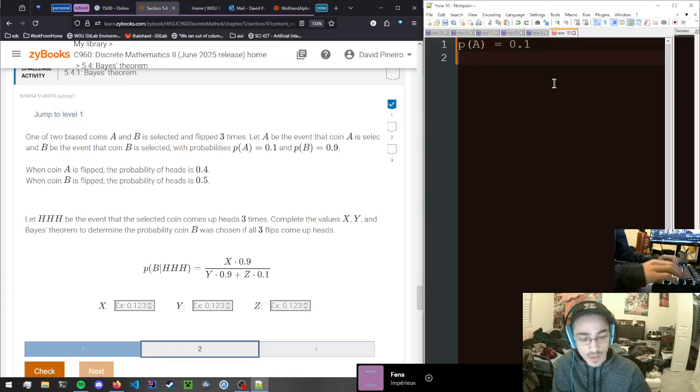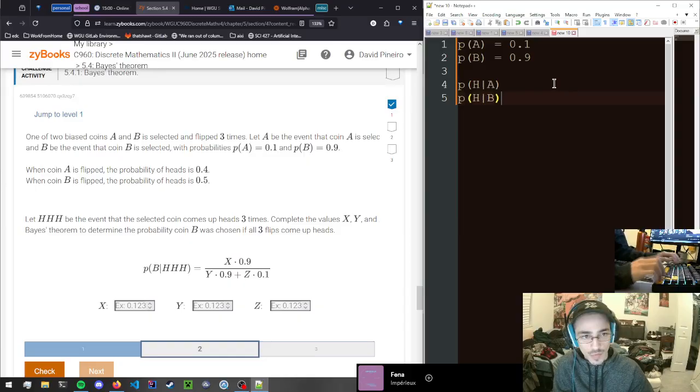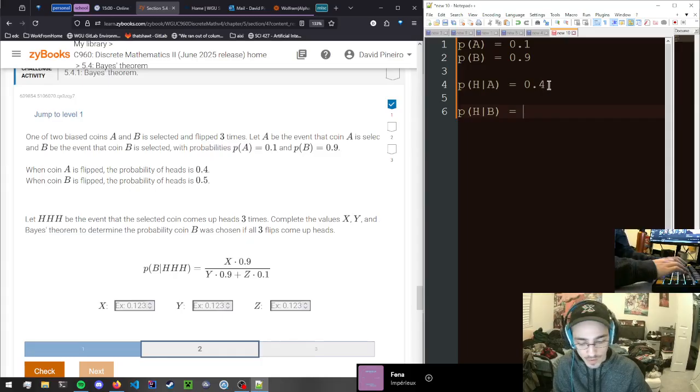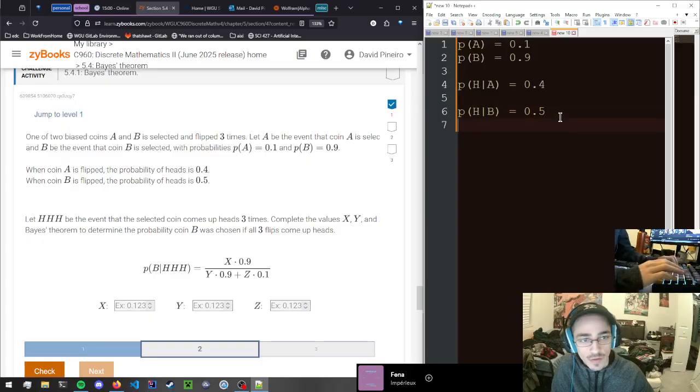So probability of A is that much, probability of B is that much. Alright, so probability of heads given A, probability of heads given B. Probability of heads given A is 0.4 and 0.5 for B.